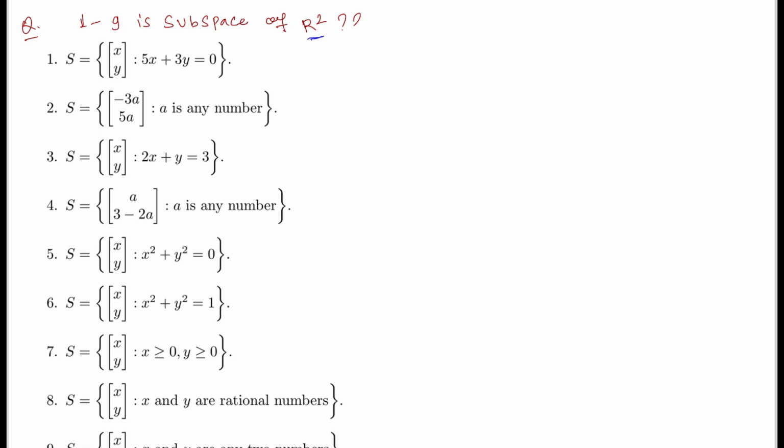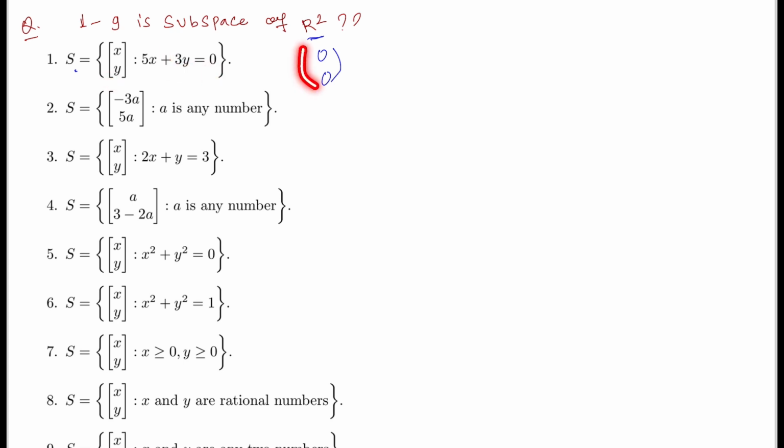You see that the zero vector will be in this set. How can I see this? Let's say (0, 0). I have to check whether this (0, 0) is in the set S or not, using the given condition. The condition says that for any vector in the set S, you multiply the first component by 5 and the second component by 3, and if you add them up, you should get 0.